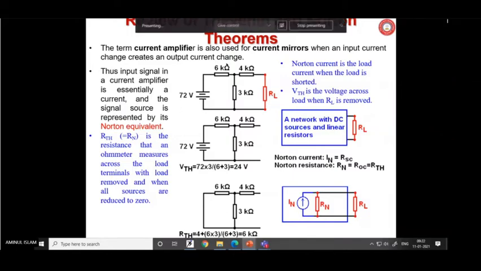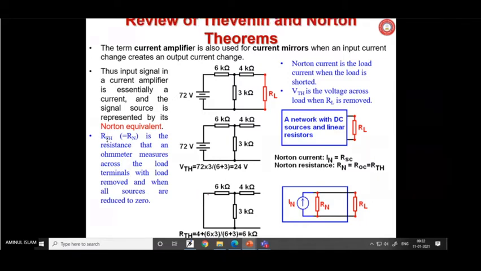Are you able to see? Here, what you have done is you have shorted. You have put a wire here. So if you measure, rather connect an avometer here, removing the load resistance, you have an avometer which can measure voltage, current, and resistance.